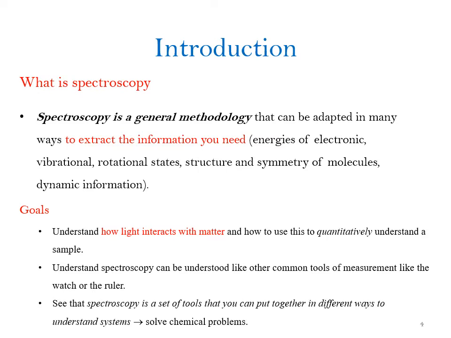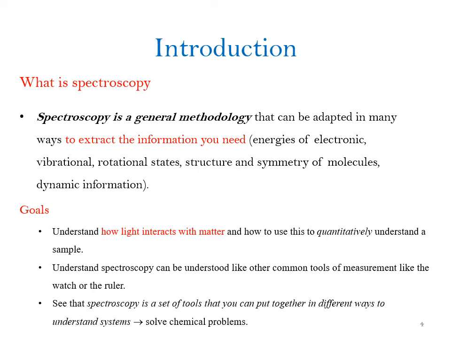However, a spectrum is generally more than a simple rainbow of colors. It is a general methodology that can be adapted in many ways to extract the information you need, specifically the energies of electronic, vibrational, and rotational states, and the structure and symmetry of molecules. Dynamic information can also be acquired.